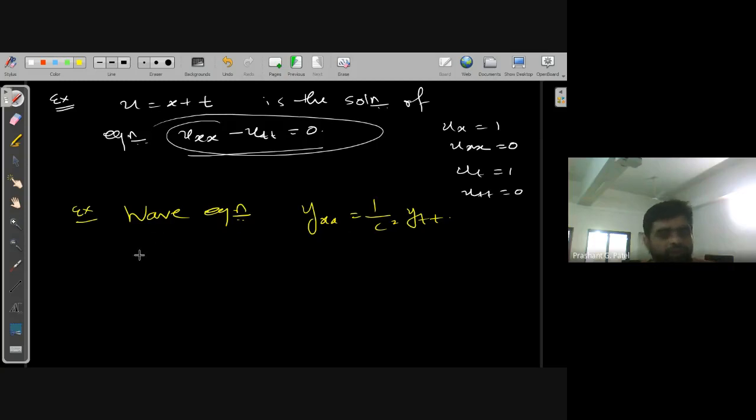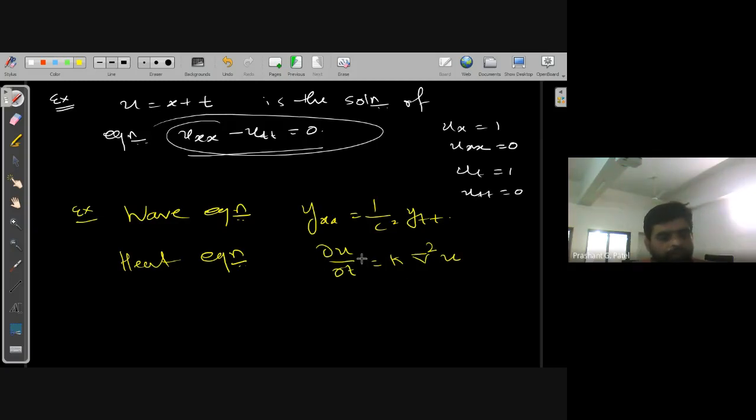Likewise, we have another physical problem. It is known as the heat conduction equation, or in short, the heat equation. The heat equation for n-dimensional space is represented as del u by del t equal to kappa into del square u. So why is it called the heat equation?